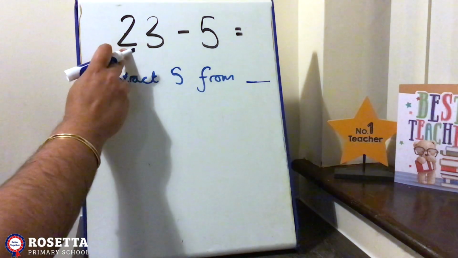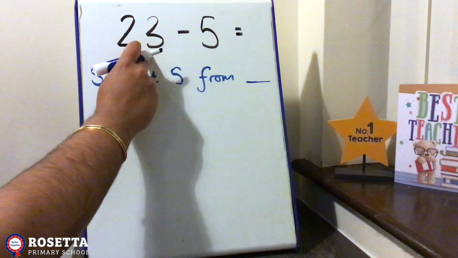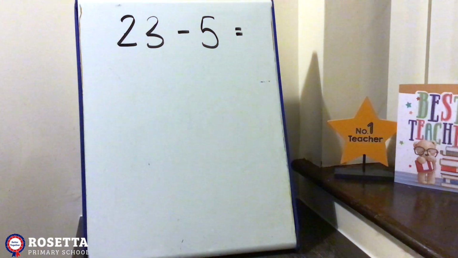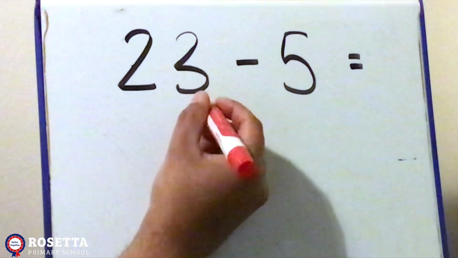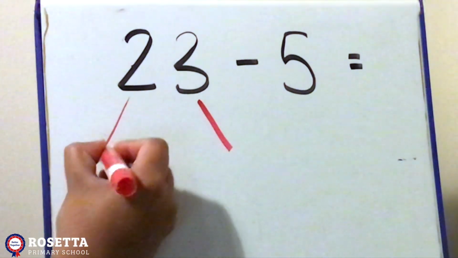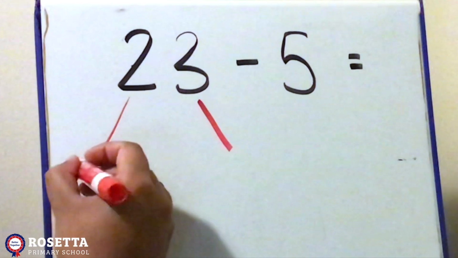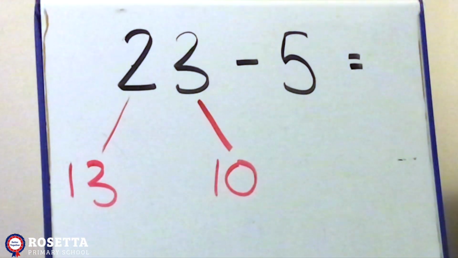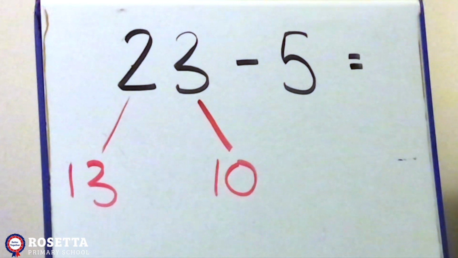Can we subtract from the 3? No. So what can we subtract from? Let's give you a hint here. So what about if I split the number into 2 and I split it into 13 and 10. Why have I split it into 13 and 10?